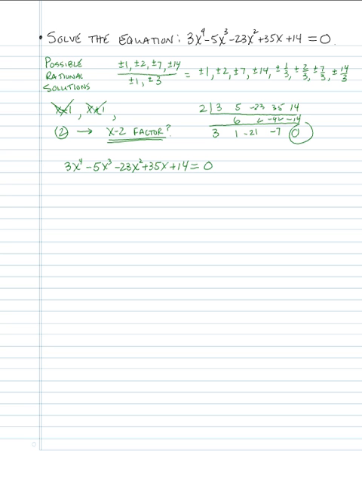Okay, that's what I need to solve. And with a factor of it, that means x minus 2 times what polynomial? Well, here are the coefficients, aren't there? It'll be 3x cubed plus 1x squared minus 21x minus 7.